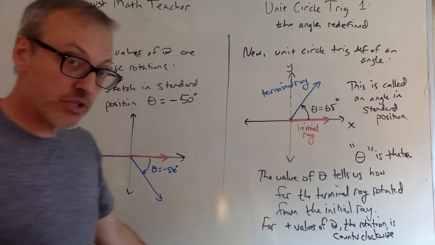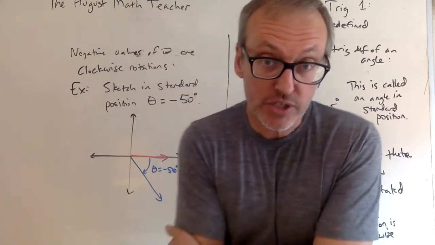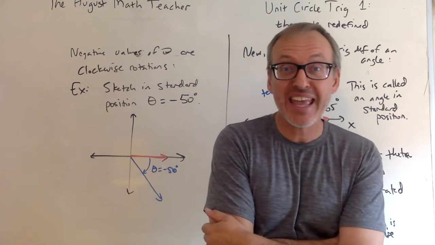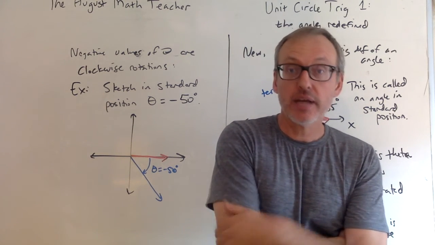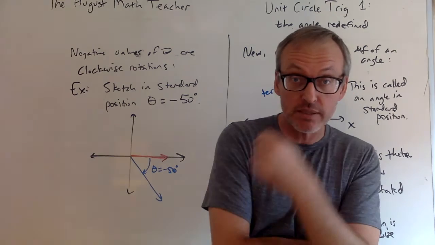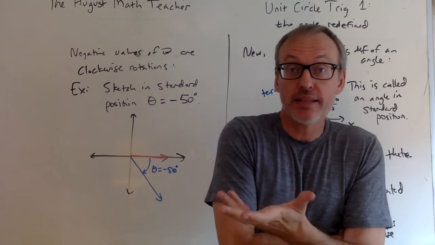Notice that with this new definition, you can actually sketch angles of any number. I could give you numbers that you never would have thought of as legitimate angle measures, and they are now.